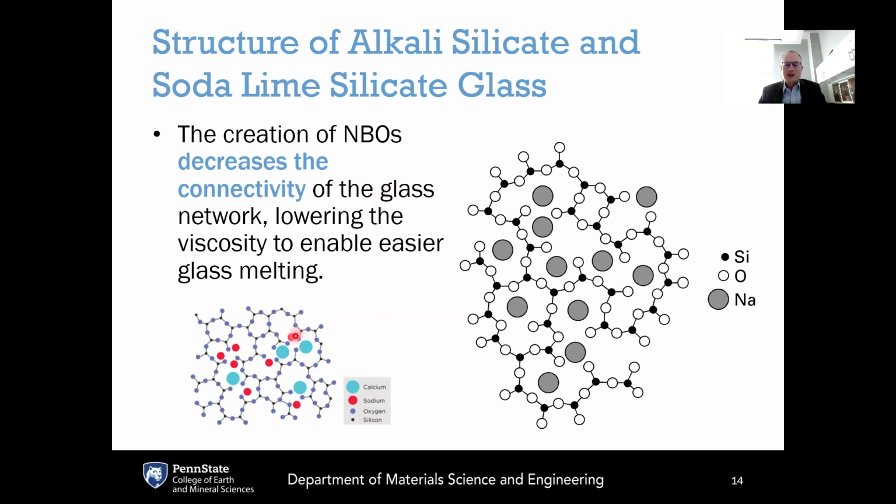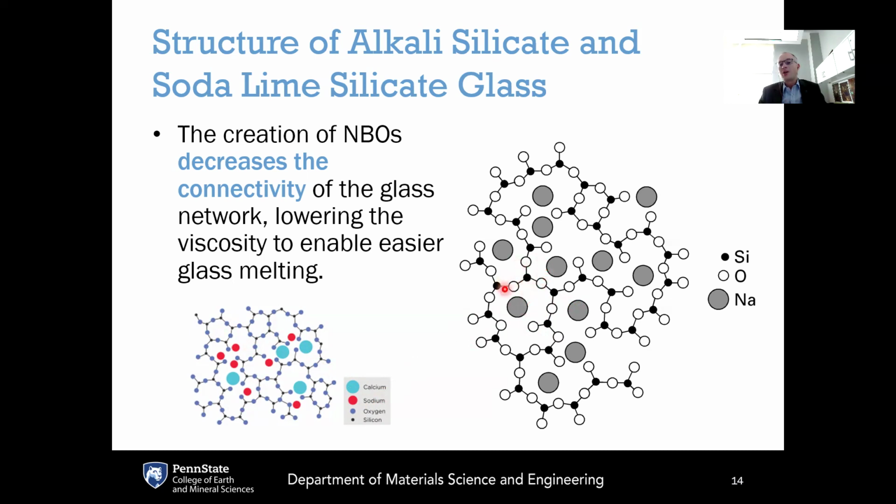Here you can see these projected 2D images of soda-lime silicate glass structure, where you've got a silicate network. The network former is silica, and the basic structural unit is still the silicon tetrahedron. What the network modifiers do, either sodium or calcium, is change how those silica tetrahedra are bonded to each other.